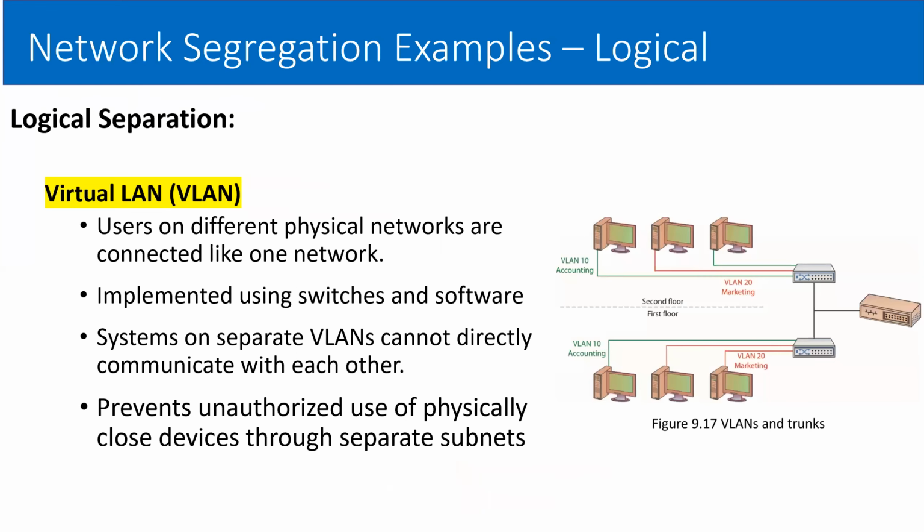All right, a virtual LAN. We talked about this earlier. This is a way for people who are physically in different places, and they're physically in different networks, but we can connect them together as though they're on the same network. So all the finance people, regardless of where they are around the country, they may come in on a virtual LAN and they can all talk to each other directly through their workstations.